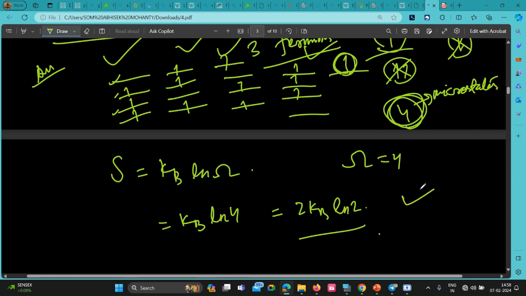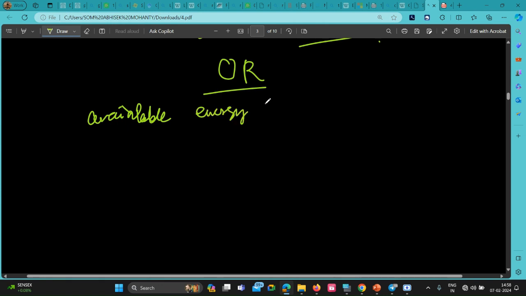Otherwise you can also do it this way. Available energy states are 4, that means this is your G. G is 4.